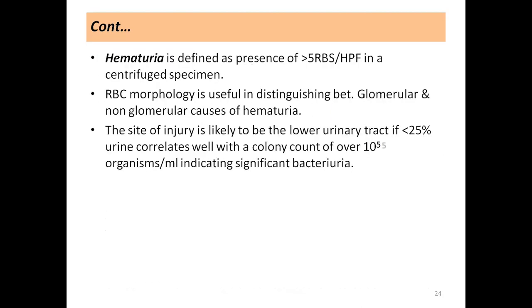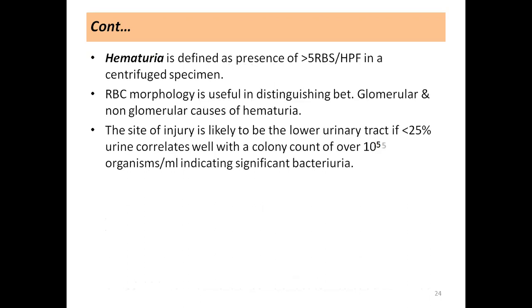Hematuria is defined as presence of more than 5 RBC in a centrifuged specimen in a high power field. RBC morphology is useful in distinguishing between glomerular and non-glomerular cause of hematuria.